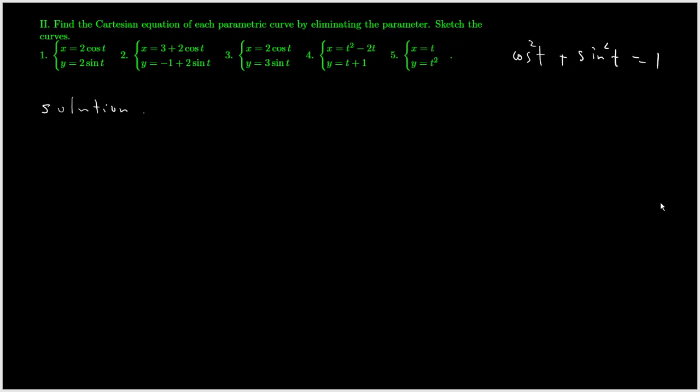This is the only equation we are going to use to cancel out t, to get a relation between x and y. After that, you can identify the shape of the curve.